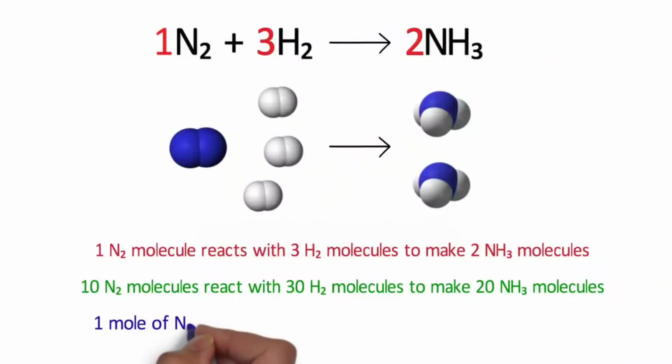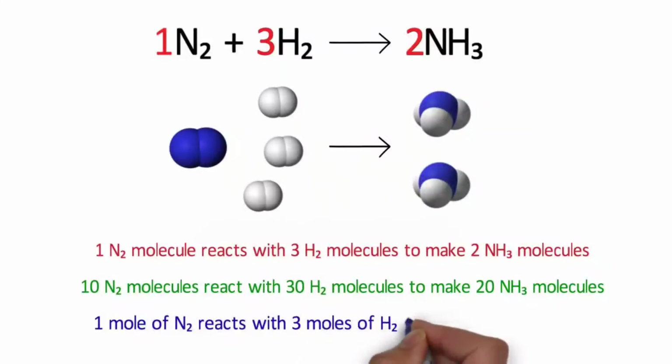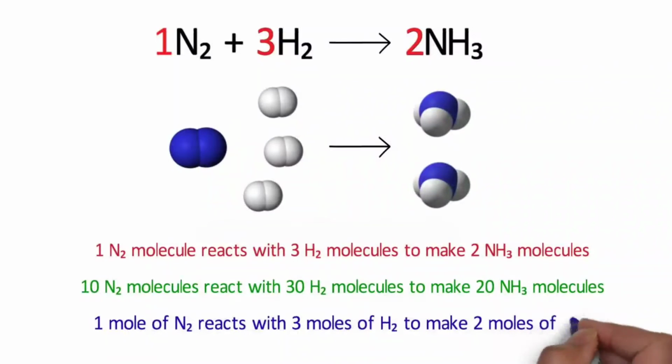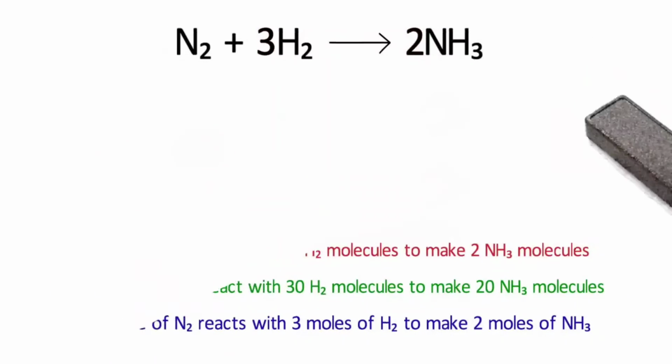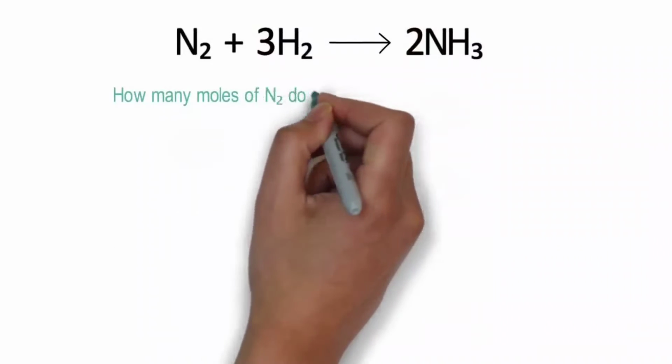Does that number look familiar? Yes, we are talking about 1 mole of nitrogen, and 1 mole of nitrogen will react with 3 moles of hydrogen to make 2 moles of ammonia. Where am I getting those numbers? They are the big numbers in front of the chemicals in the balanced reaction.